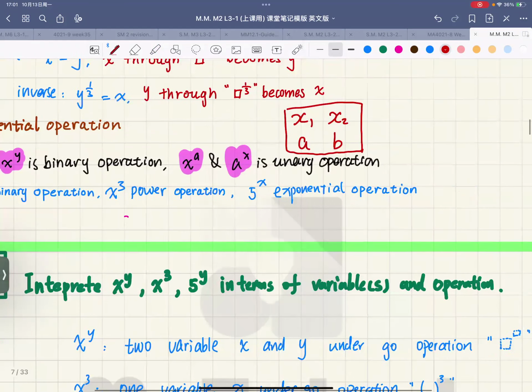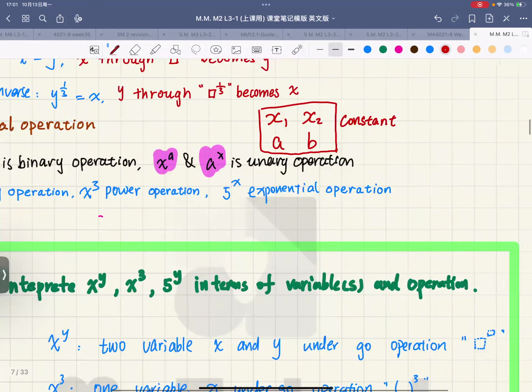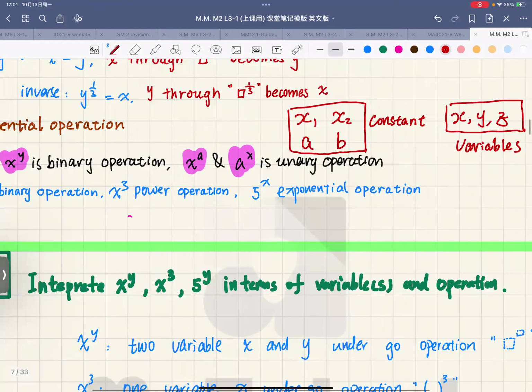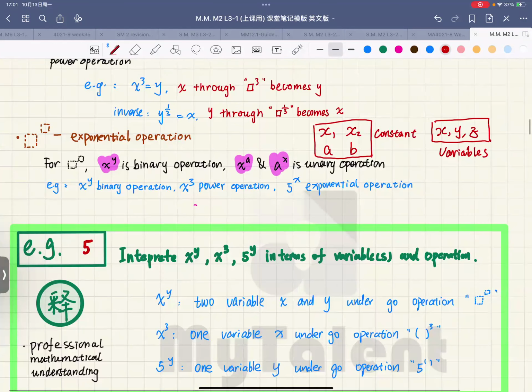Generally, we use these to represent constants. And for x, y, z, we generally use these three to represent variables. So in this case, x to the power of a and a to the power of x have only one variable, so it's a unary operation.